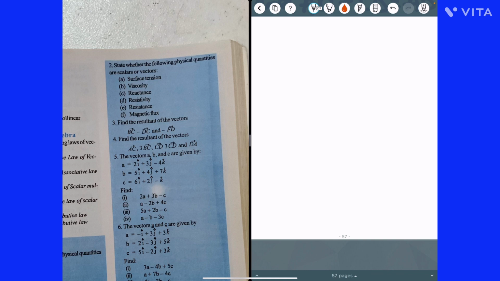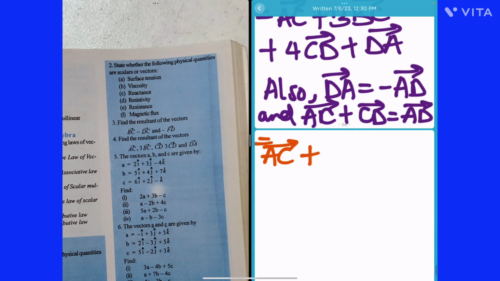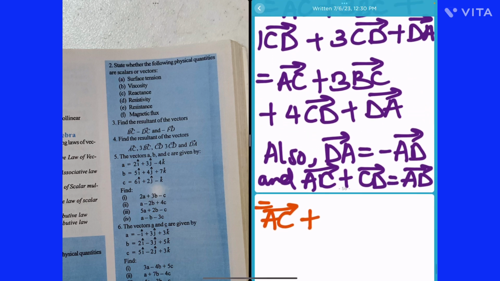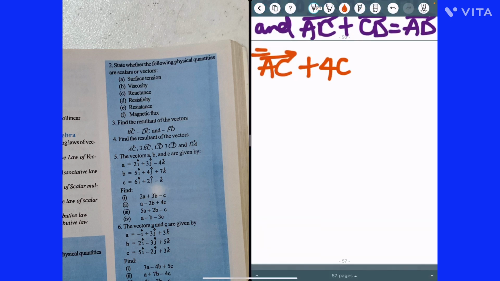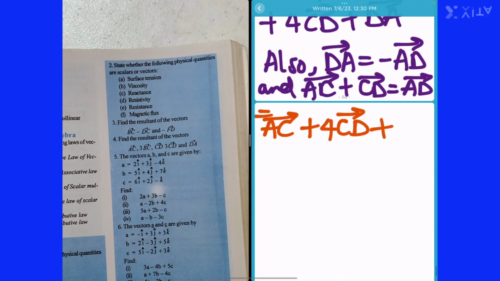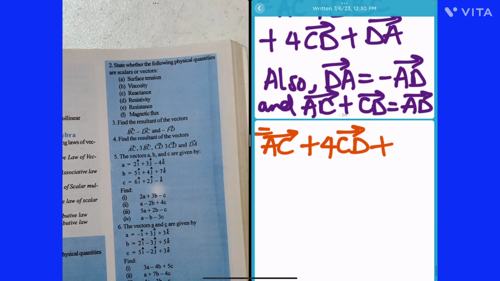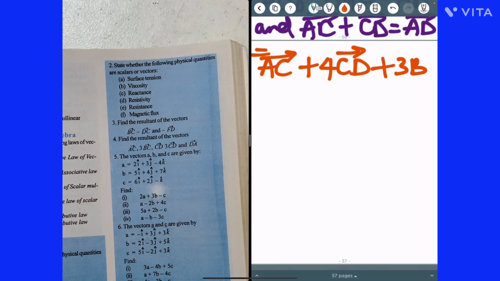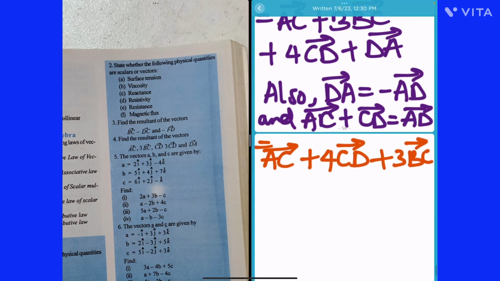Let me put the letters together, the similar ones. Rearranging, I'll get AC plus 4CD plus 3BC.